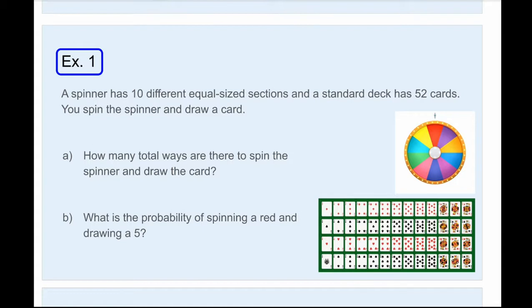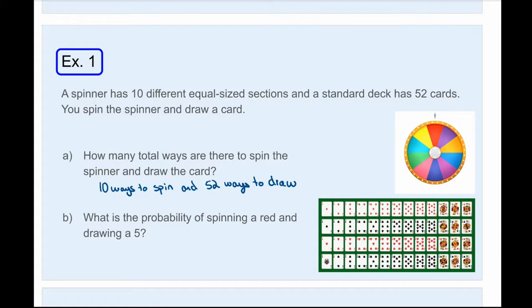If I look at the spinner, I can count 10 different colors or slices, so 10 ways to spin. And if I look at the cards, there are 52 cards in the standard deck, so there are 10 ways to spin and 52 ways to draw a card, because there are 52 outcomes that I could get.